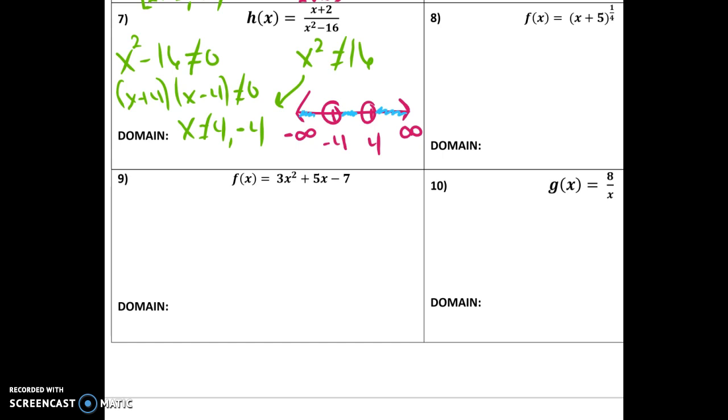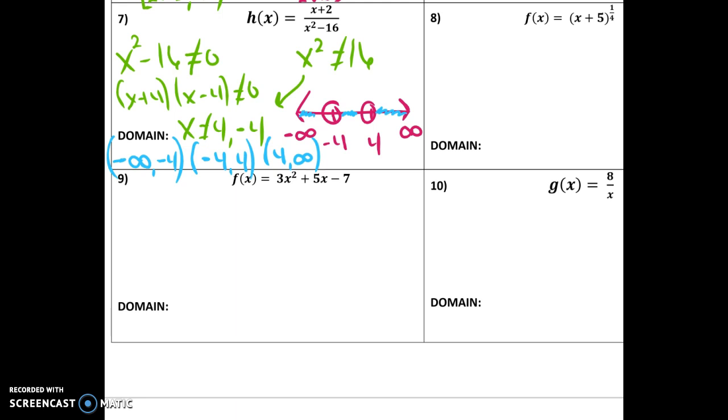So we start with our first section and we write it as -infinity to -4, parentheses on both because I don't want to include -4, and then I can go from -4 to 4 again with parentheses because I'm not including those values, and then from 4 to infinity. So what's in blue is the actual official correct way to write the domain.